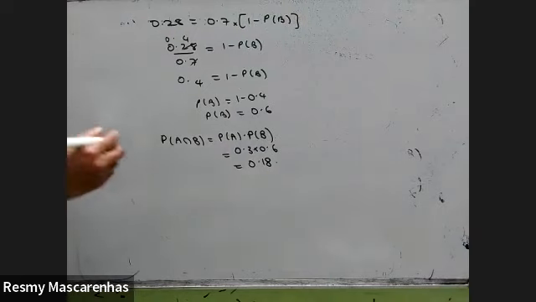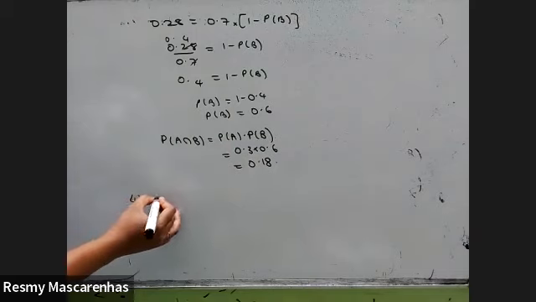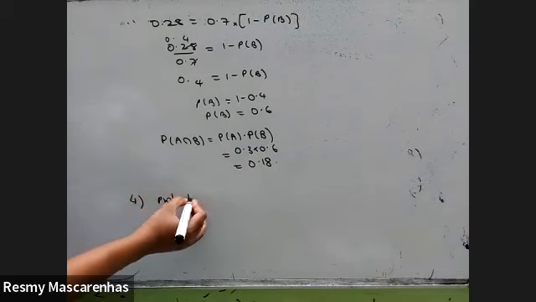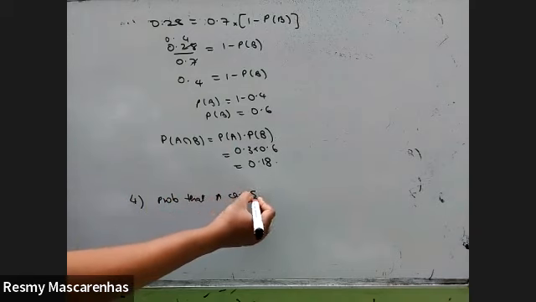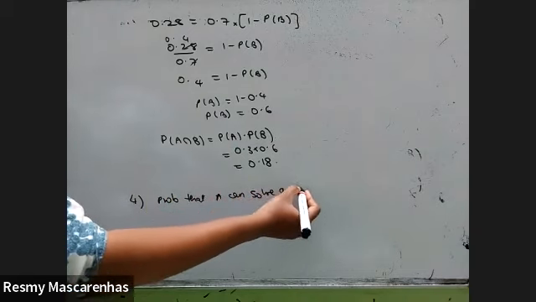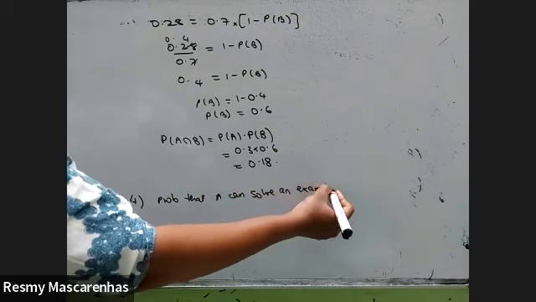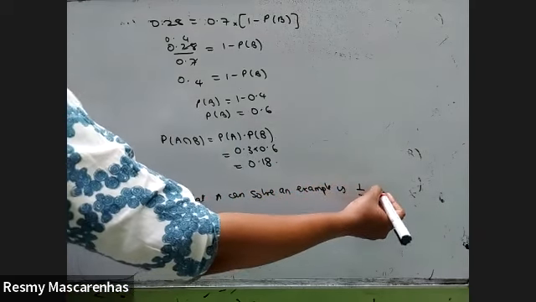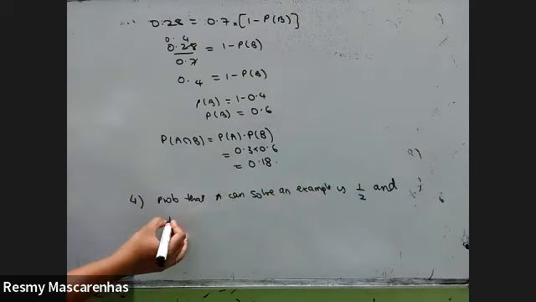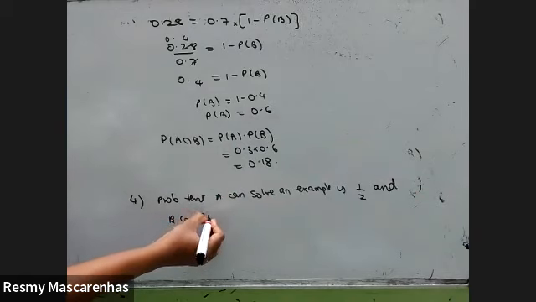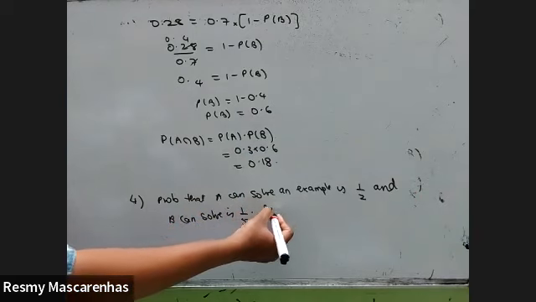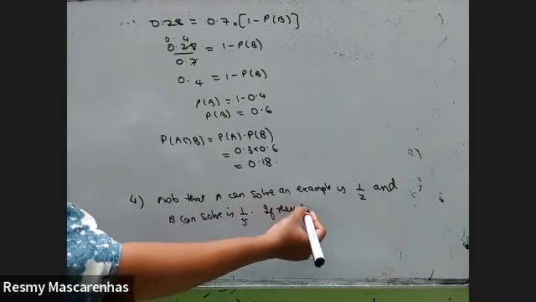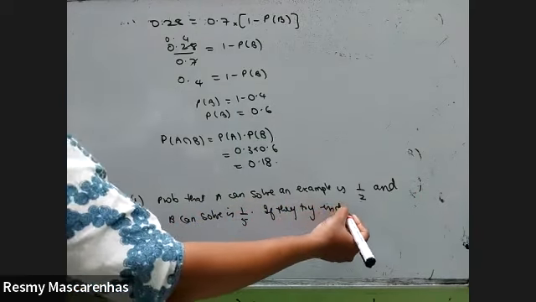Fourth one, probability that A can solve an example is 1 by 2 and B can solve it 1 by 5 if they try independently.